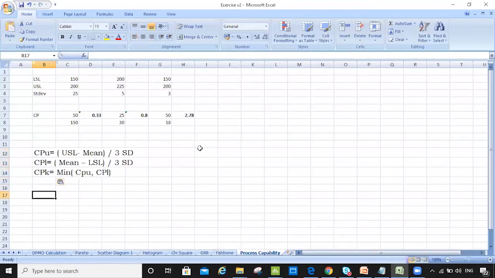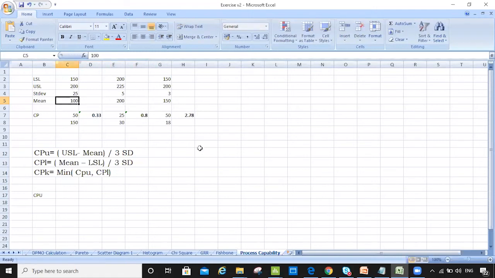To calculate CPK, first of all, we have to calculate CPU. So we have to have the mean here also. Let's say the mean here is 100, this is 200, this is 150.